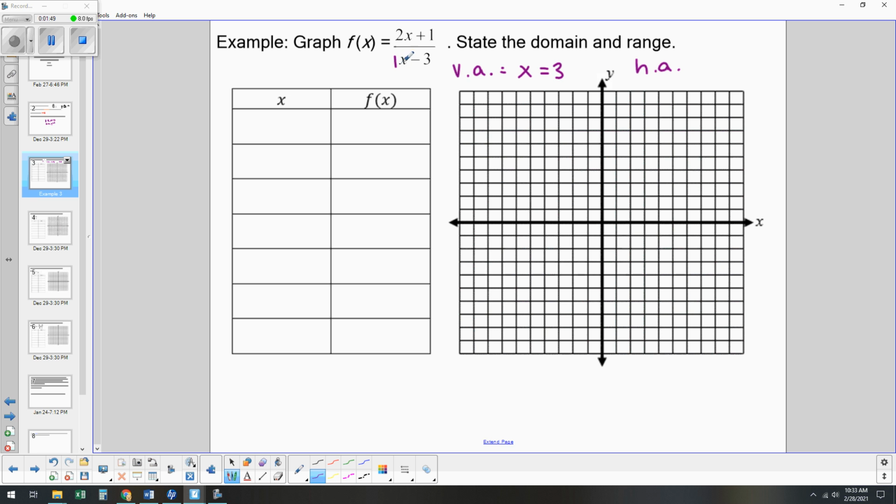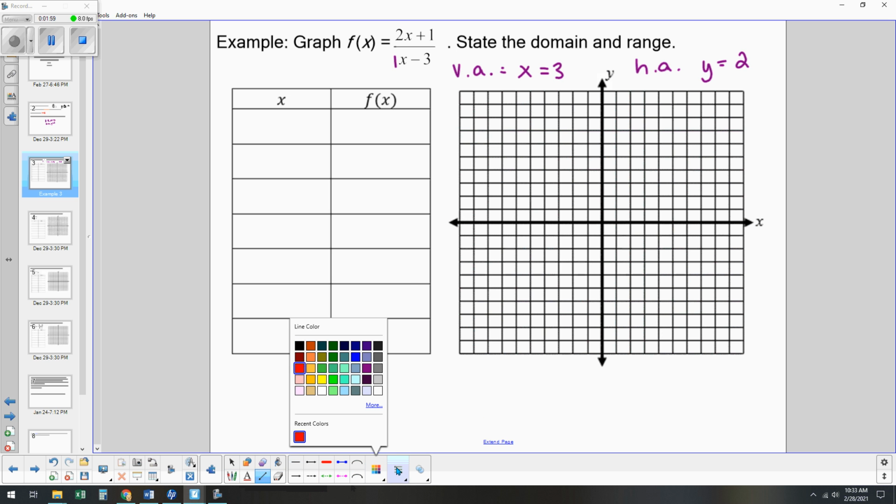So even though it doesn't show it there, there's a 1 in front of the x. So this is really 2 over 1, or 2. So if we get in our asymptotes now, we had x is 3, that would be right about here, and y is 2, would be here.